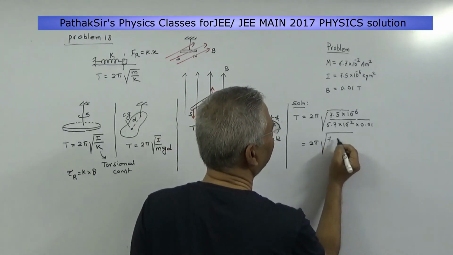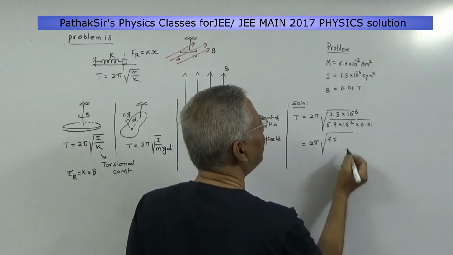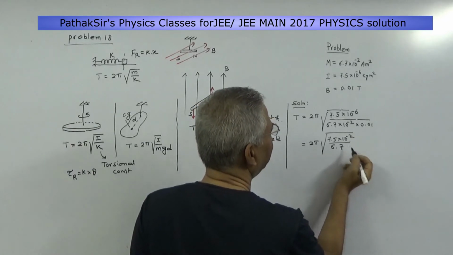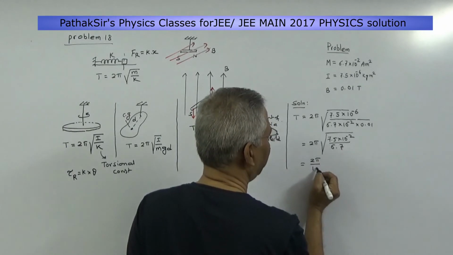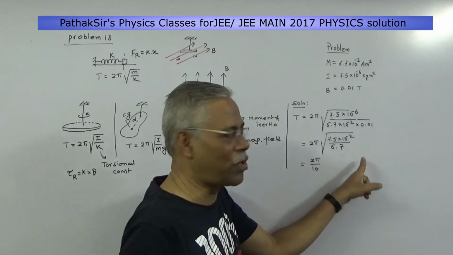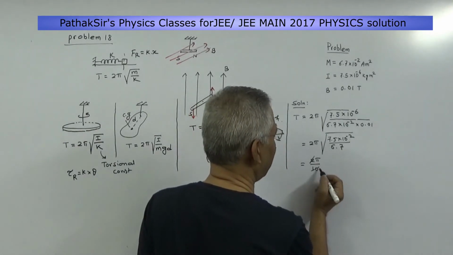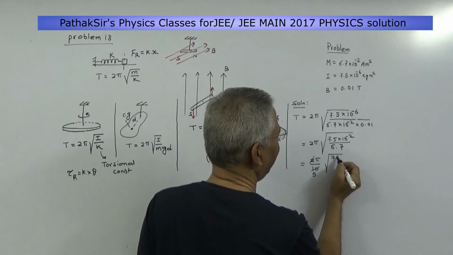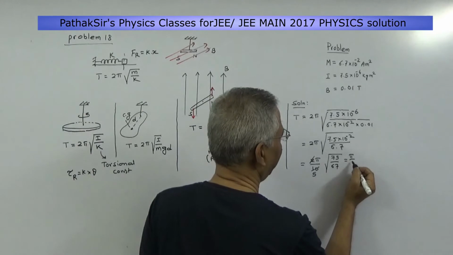7.5 into 10 to the power minus 6 divided by 6.7 into 10 to the power minus 2 into 0.01, and 2 pi into the root of 75 by 67.